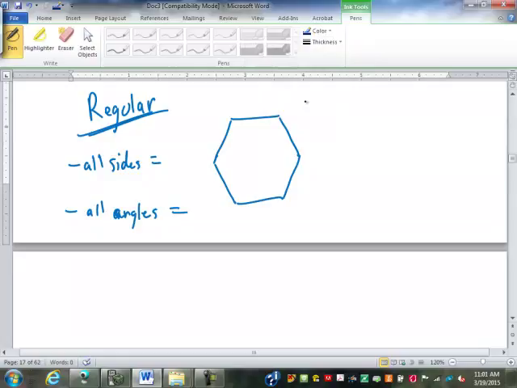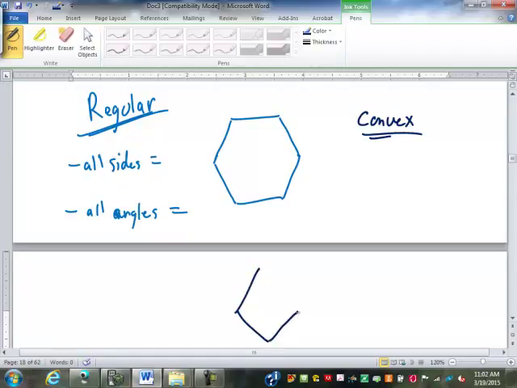A regular polygon is also what we call convex. In a convex polygon, from the inside, all the angles are pointing out. So that's convex. This is not necessarily regular, but it is also convex.